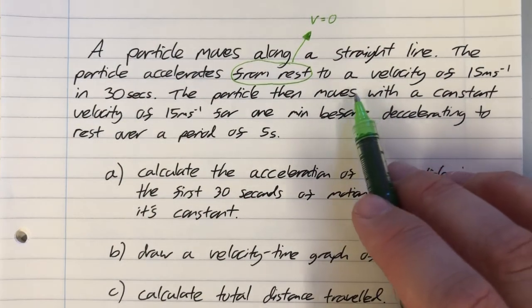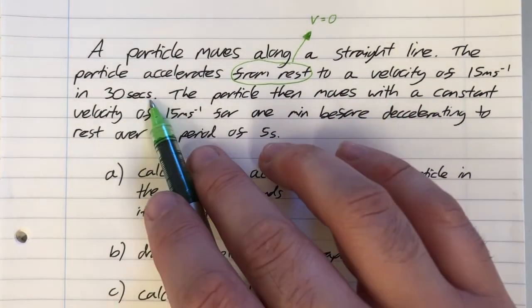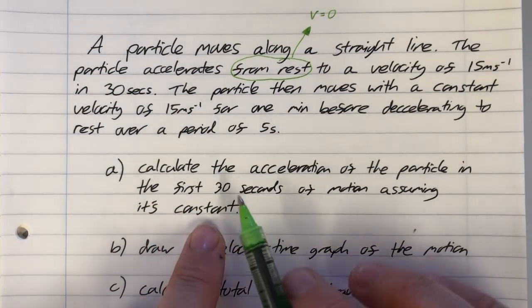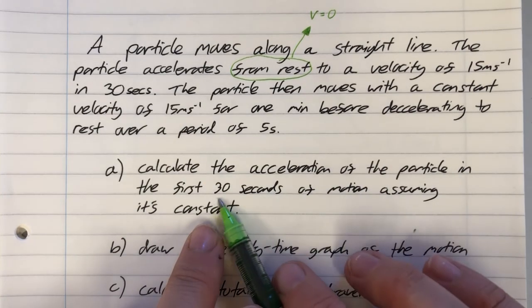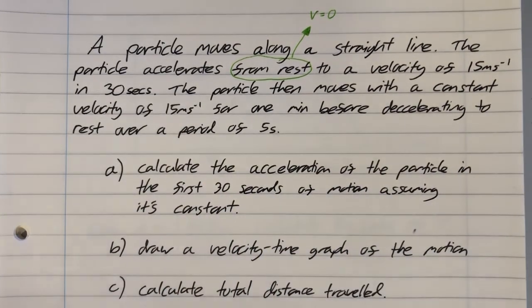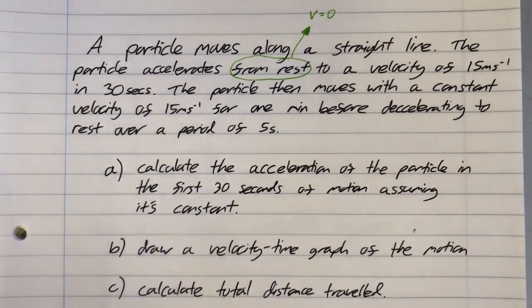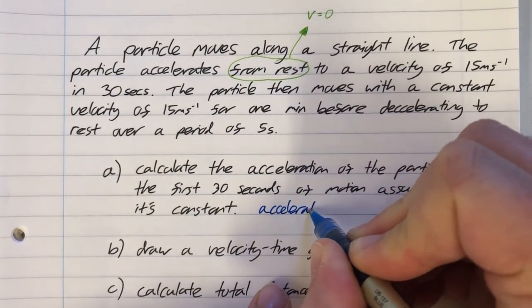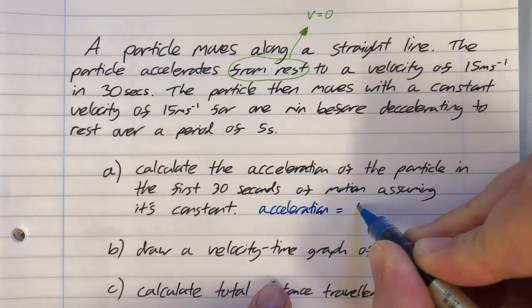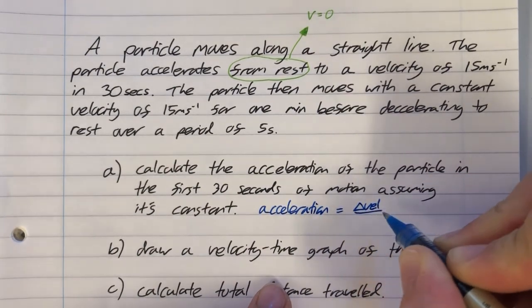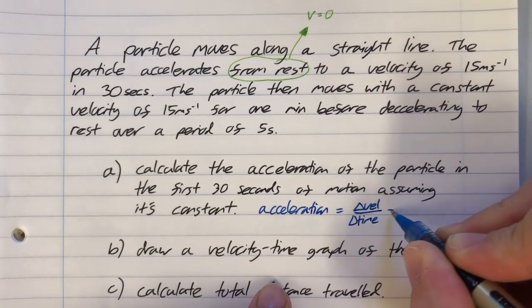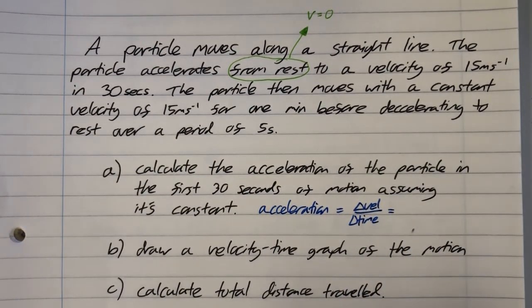We're told it accelerates from rest to a velocity of 15 meters per second in 30 seconds. Now that's enough information to answer part A of the question, which is to calculate the acceleration of the particle in the first 30 seconds. So by definition, acceleration is equal to the change in velocity divided by the change in time, just like the velocity is equal to the change in displacement over the change in time.